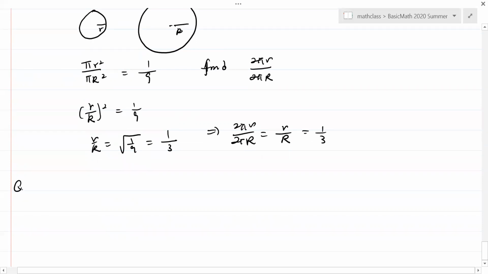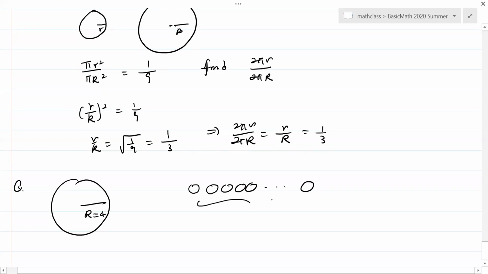All right, so we have a circle with radius equal to 4. Then I have many smaller circles, 64 identical circles.